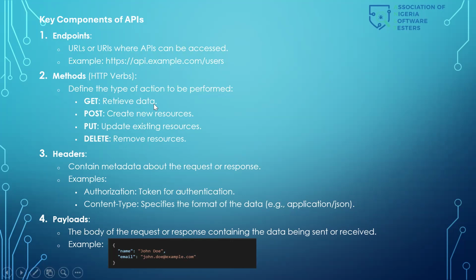Okay, then we have the method. So this method tells us the type of action we can perform, like when GraphQL says that you cannot do something over and above, even for REST, even for SOAP. So you have an action you have to take for each request.